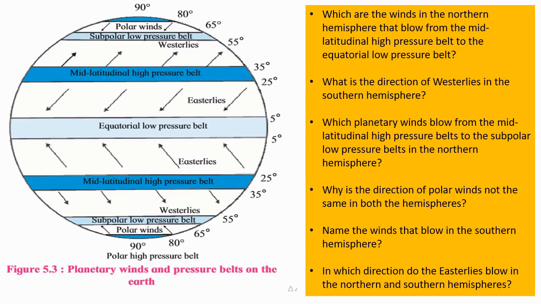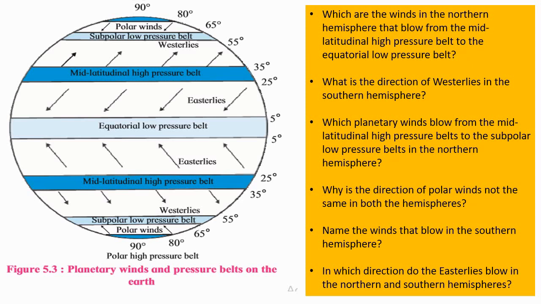So, the westerlies blow from mid-latitudinal high pressure belts to subpolar low pressure belts in the northern hemisphere. Next question. Why is the direction of polar winds not the same in both the hemispheres?